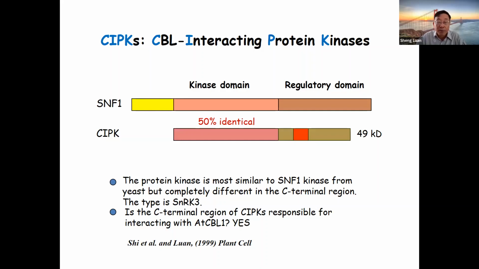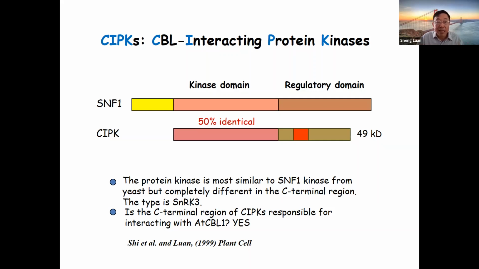And it turned out to be a big family of protein kinases, kind of unique in plant. We also call that the SNRK3 subfamily because it's related to SNF1 in yeast or AMPK in animals, right? So plants have 3 subfamilies of SNRKs. We call them SNRK1, SNRK2, SNRK3.